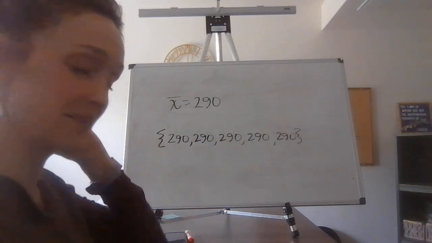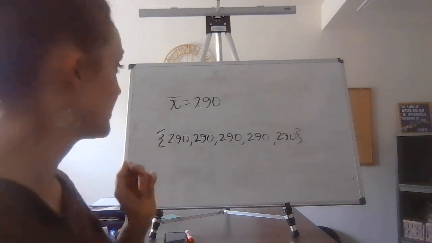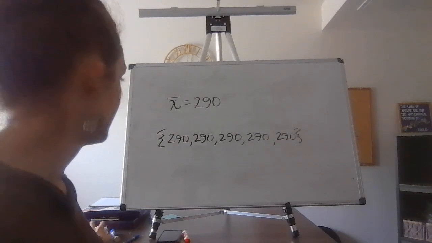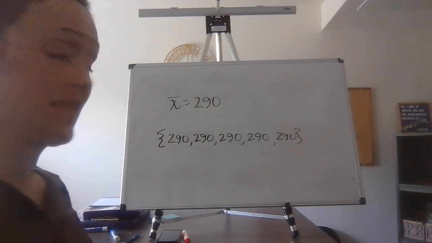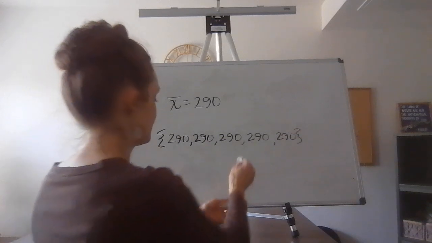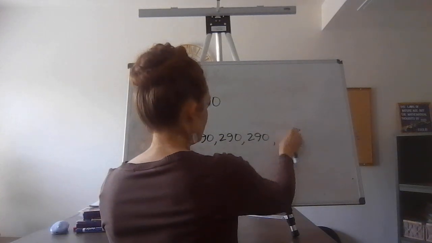What if we wanted to do something different? Well, something that we could do is think about 290 being smack in the middle and then having other values that sort of balance each other out.